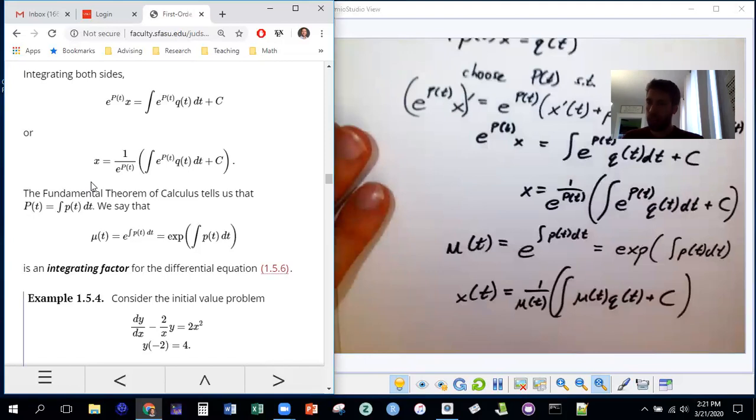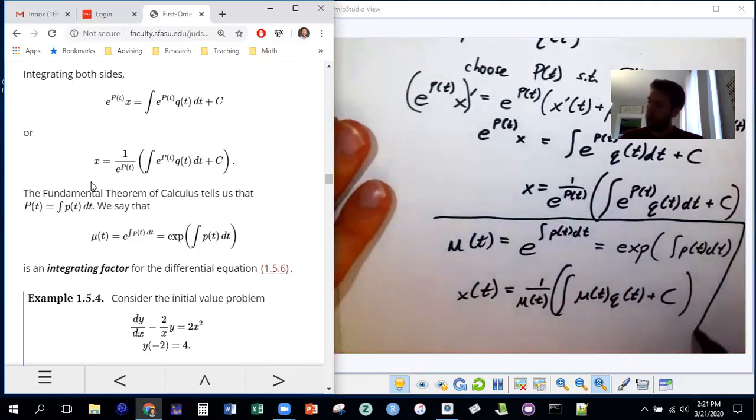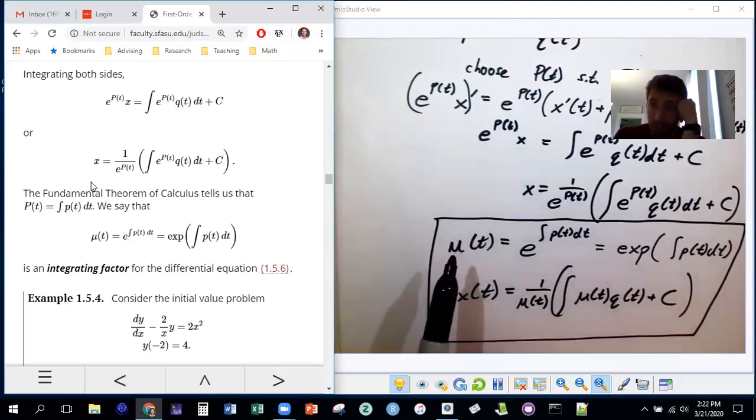And so right here, the thing that they basically did in every single example up until this point, you can do in general. And when you do something in general, then it gives you a formula. So this is basically how you're going to solve all the problems in this section.